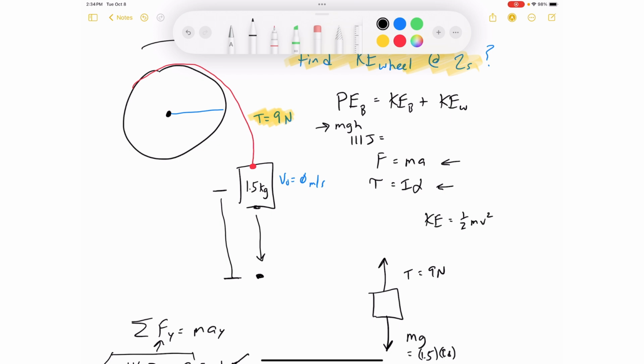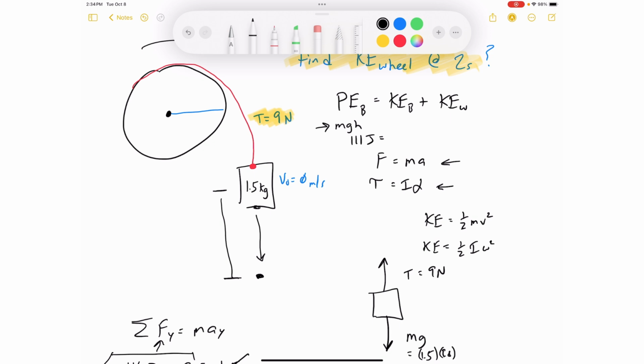And the kinetic energy of the wheel is 1/2 I omega squared, where I is the moment of inertia and omega is the angular velocity. So if I wanted to find the kinetic energy of the wheel, I would have to know its angular velocity and its moment of inertia. I don't really have any of that, but I do know the kinetic energy of the block.